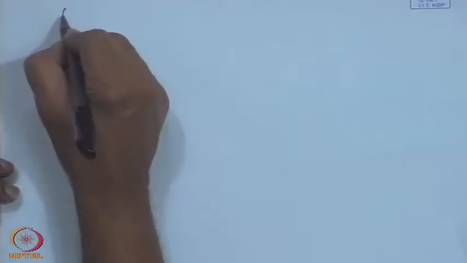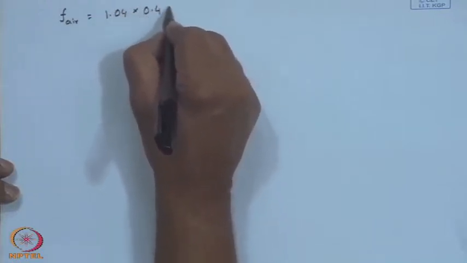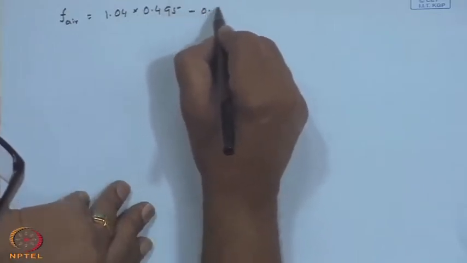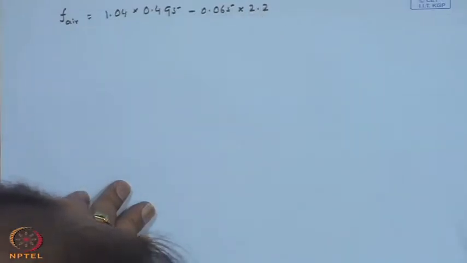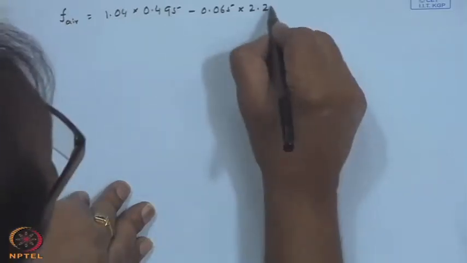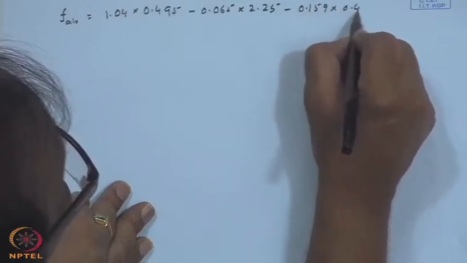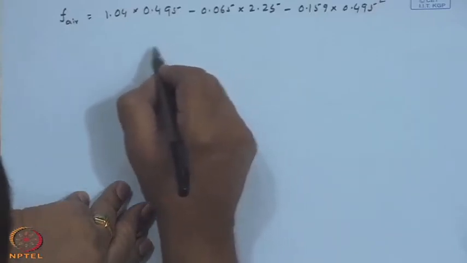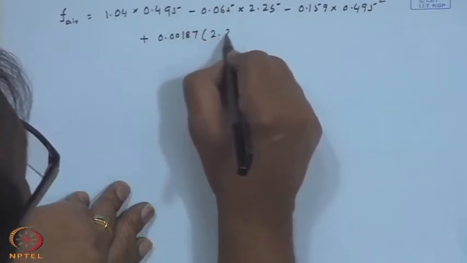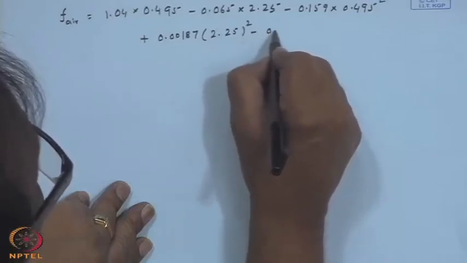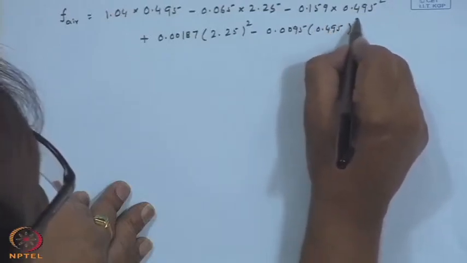So, F is air again: 1.04 into y remains the same, 0.495, minus 0.065 times x, which is 2.25, correct, minus 0.159 into 0.495 squared plus 0.00187 times 2.25 whole squared minus 0.0095 times 0.495 whole cube.